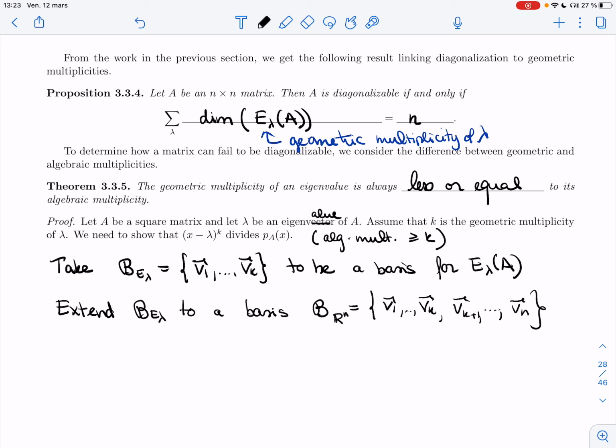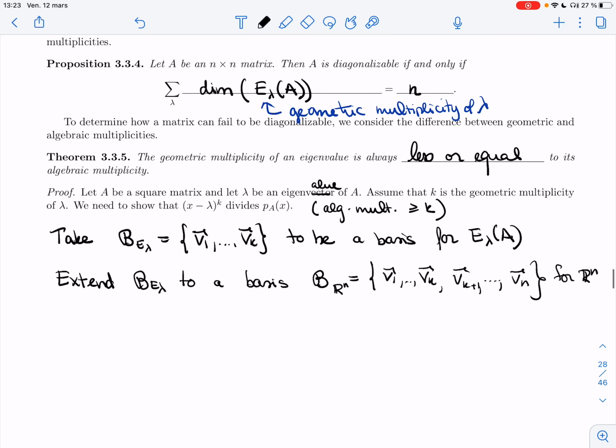I don't know anything about these, but this is a basis for R^n. Now I'm going to look at what the matrix of T_A looks like in this basis.